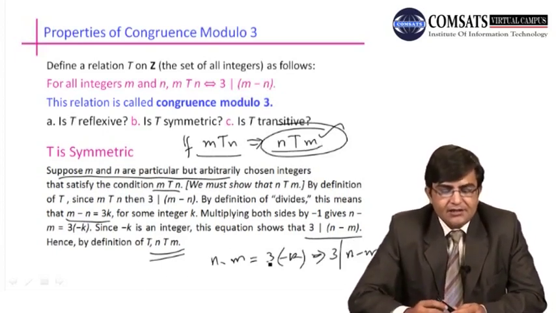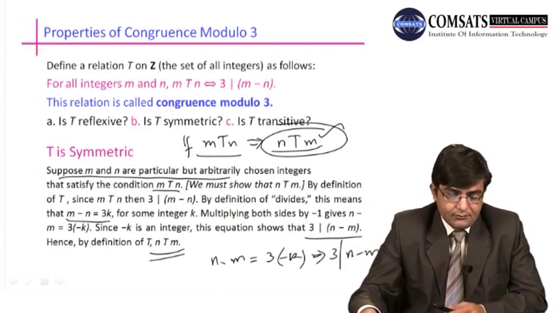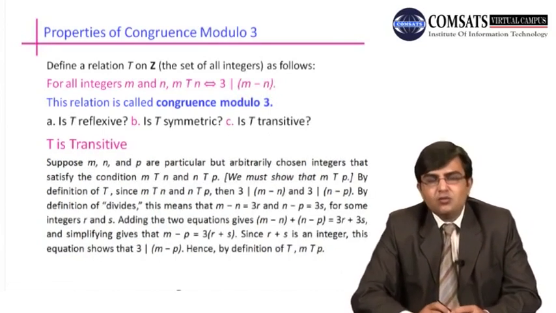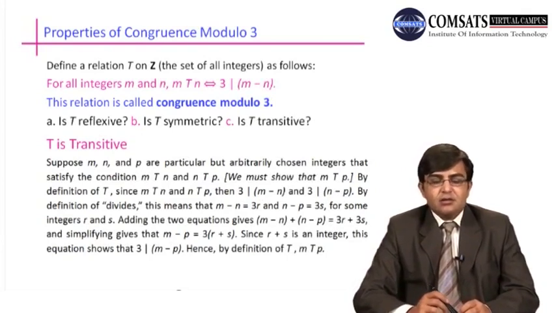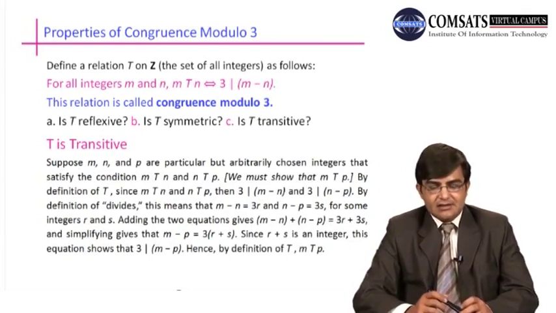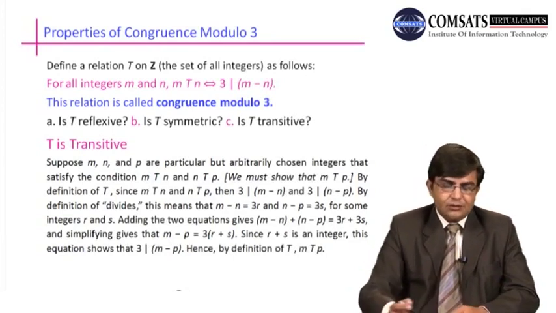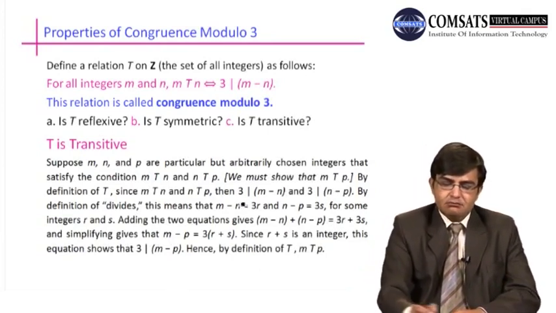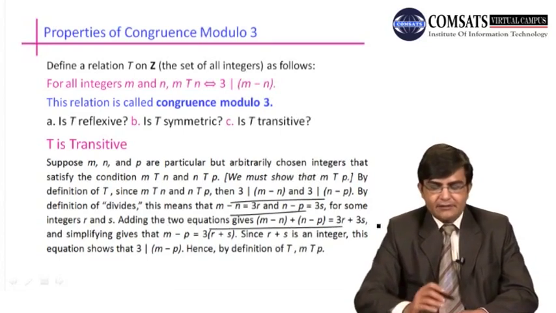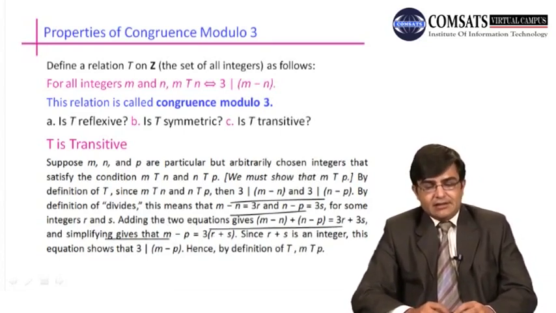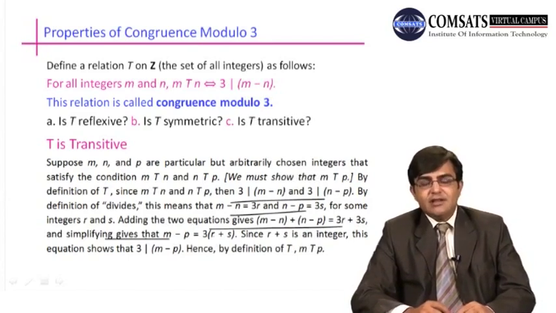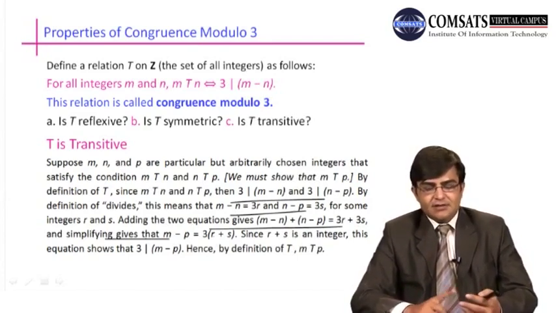So this relation T is symmetric. Similarly, we can prove that the congruence modulo 3 relation is transitive; I leave this as an exercise for you. So the congruence modulo 3 relation is reflexive, symmetric and transitive.